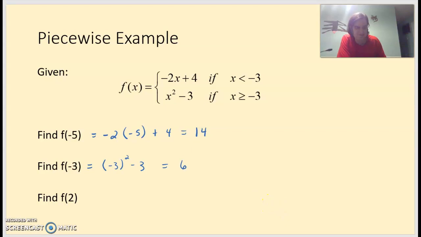Let's make that a more appropriate 6, so nobody gets confused. And then the last one, f of 2. Is 2 less than negative 3? No. Is 2 greater than or equal to negative 3? Yes. So I'll use the second one. 2 squared minus 3 gives me 1.